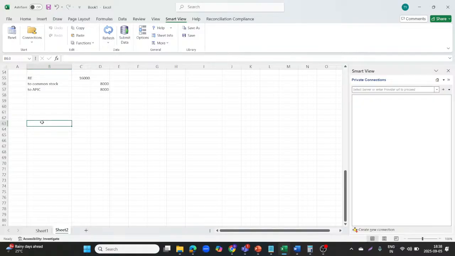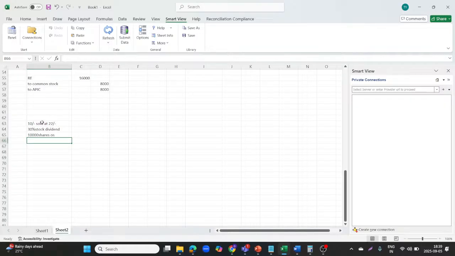So the par value is 10, it is sold at 22 per share, the stock dividend is 30%, and there are 10,000 shares outstanding.